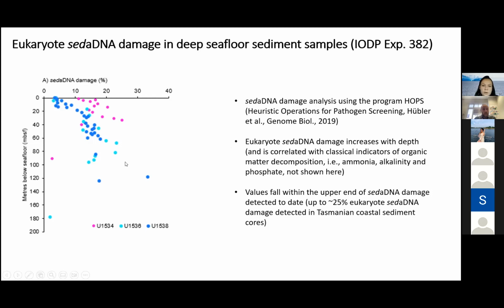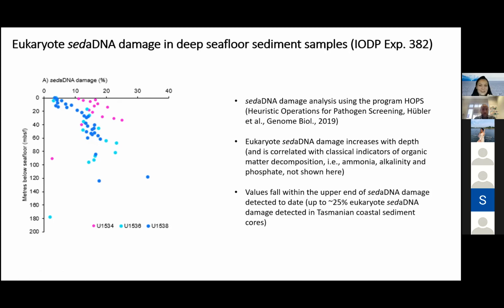We've done some correlation analysis with some of the geochemistry parameters that we measured on board. And this was quite an initial study. I think there's much more to explore, but what we found was that there's some clear correlation with indicators of organic matter decomposition, so ammonia, alkalinity, phosphate.